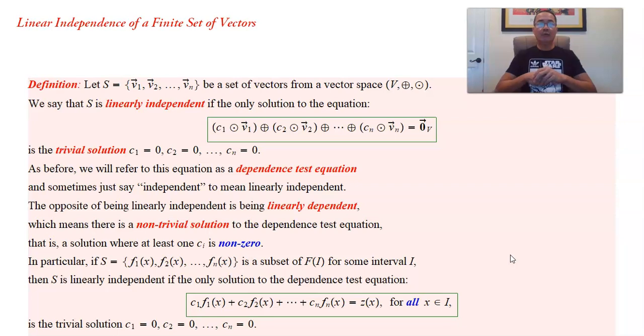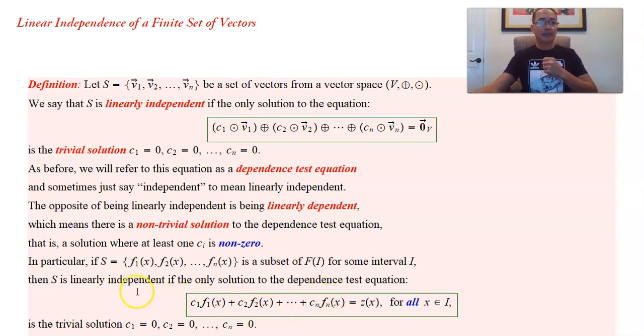We are going to keep working on polynomials and also with more general functions. Since polynomials are functions, let's talk about it for a set of functions, f1 through fn, from the space of functions which are defined on an interval I.